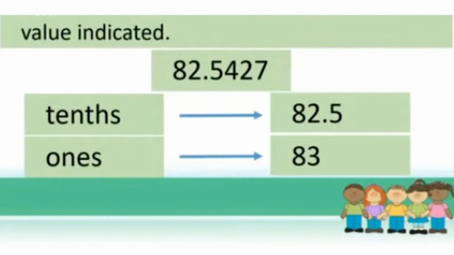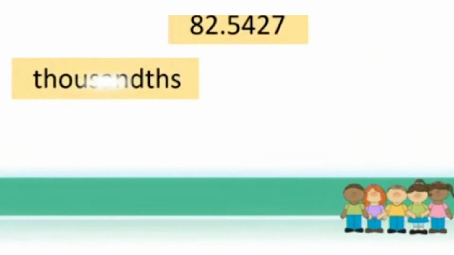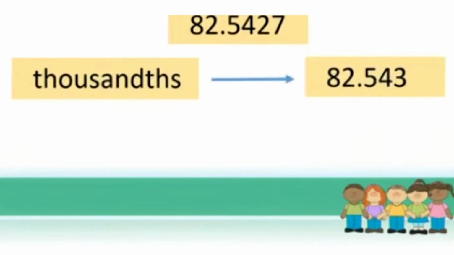Next, round to the thousands place. What is the answer? The answer is 82 and 543 thousandths. Good job!